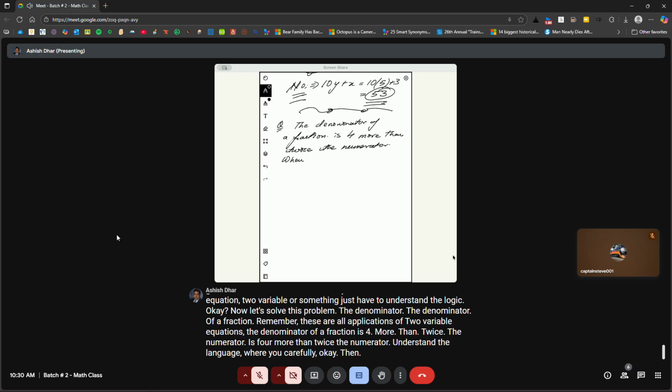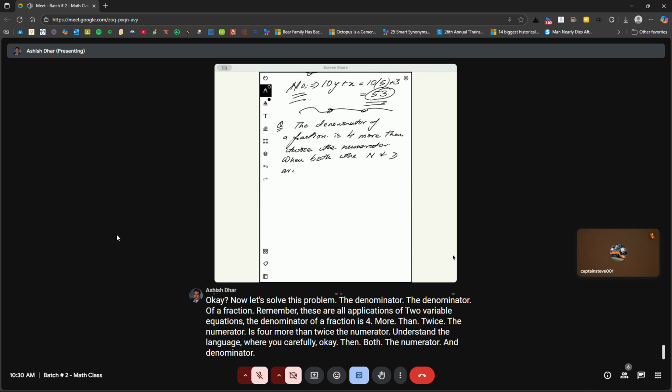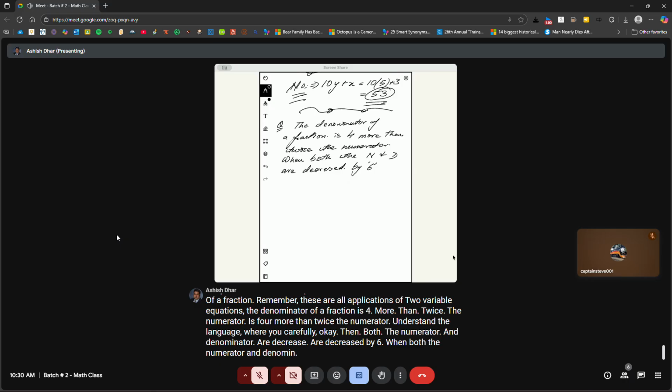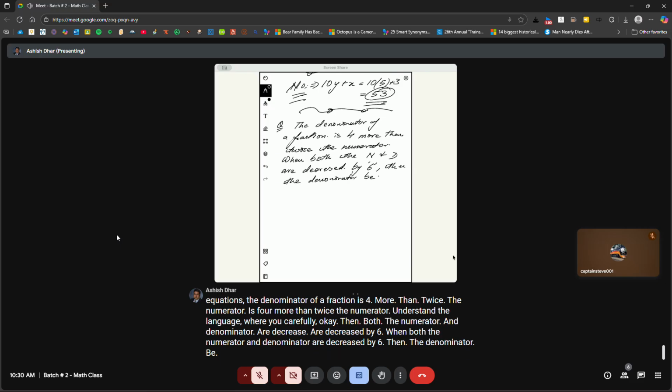When both the numerator and denominator are decreased by 6, then the denominator becomes 12 times the numerator.